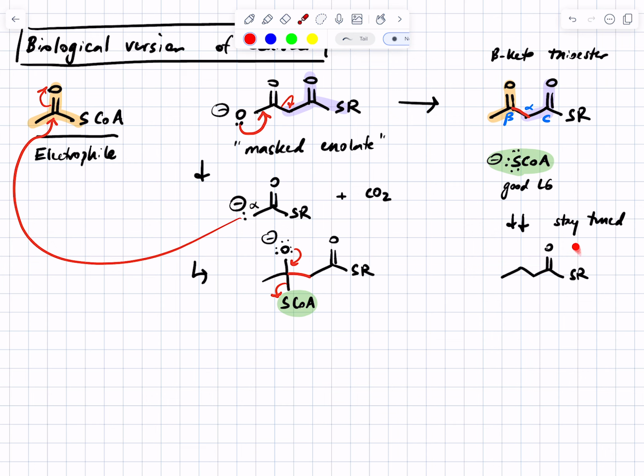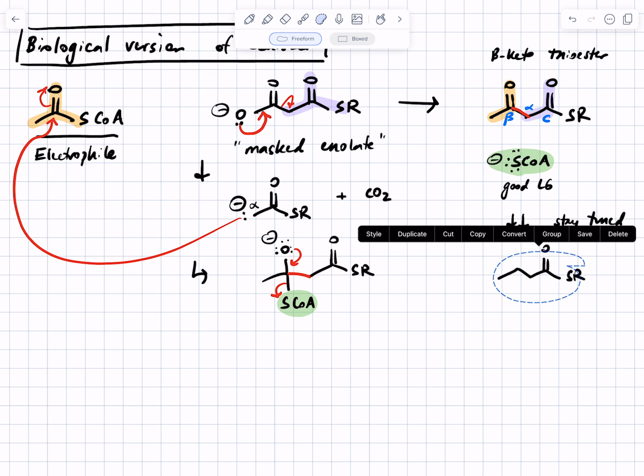And then it turns out that once biology's gotten here, you can take this thioester, move it over here, and have this be the starting material, and go again to put another 2-carbon chunk onto that chain. And by cycling through these reaction steps, biology takes simple precursors like acetyl-CoA and makes quite a long hydrocarbon chain, which is where fatty acids and lipids come from.